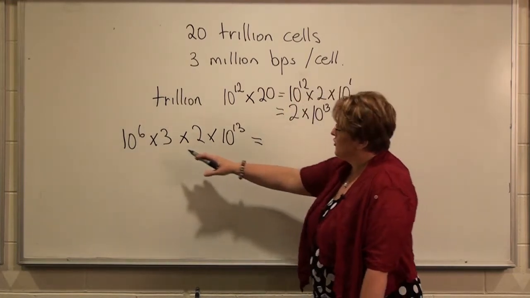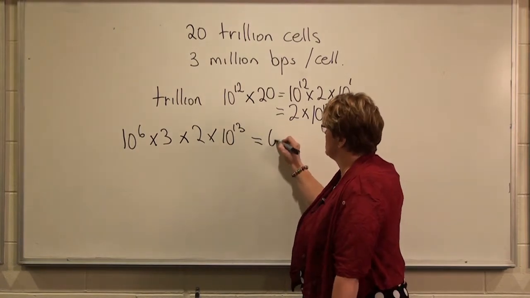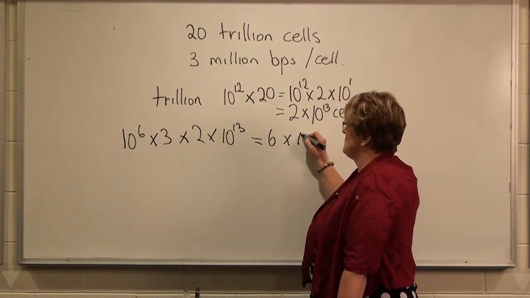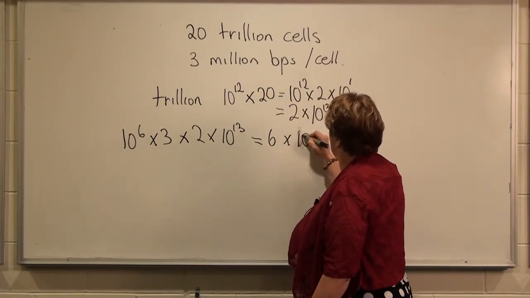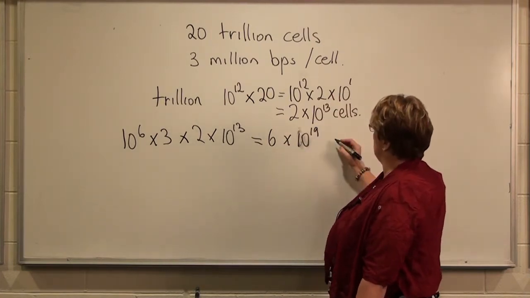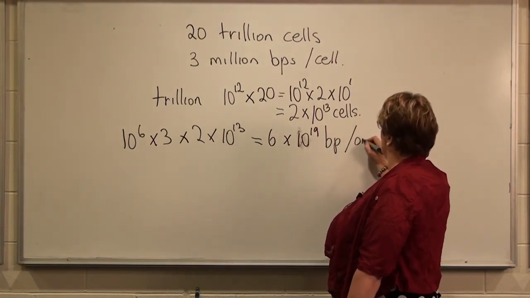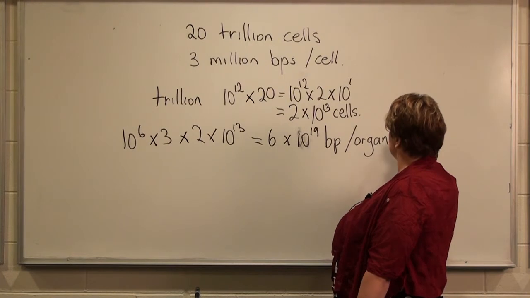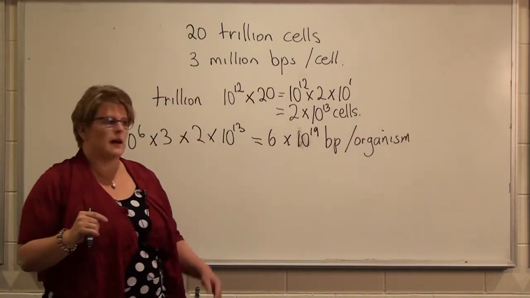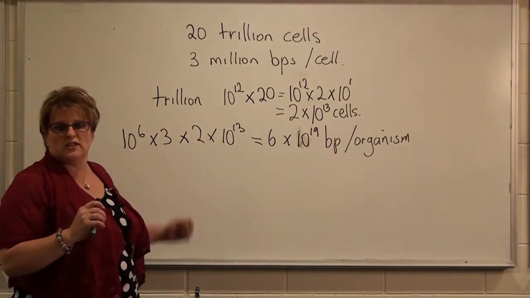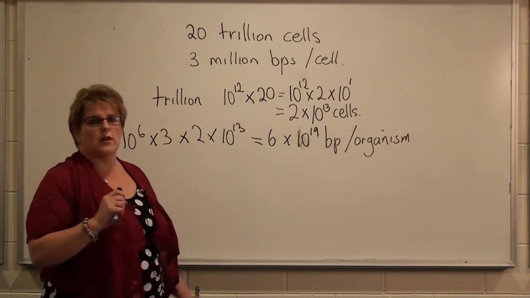And using scientific notation, well, we say 3 times 2 is 6. 6 times 10 to the 19 base pairs of DNA per organism. So you can see how that calculation becomes quite simple when we use scientific notation to do the actual calculation.